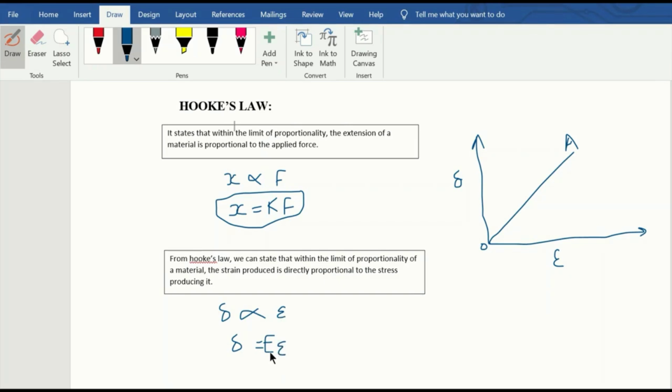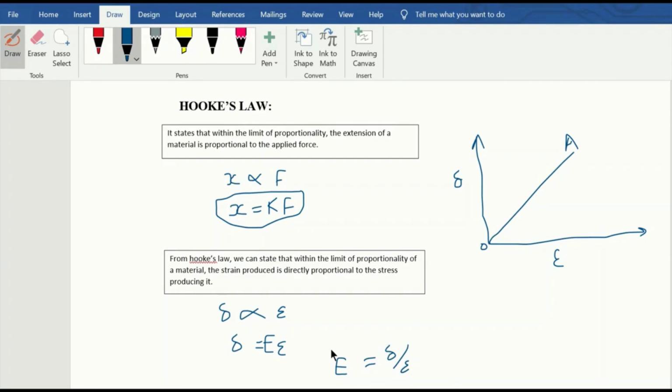So capital E here represents Young's modulus of elasticity. We can make E the subject. So now the Young modulus is equal to the stress over the strain.